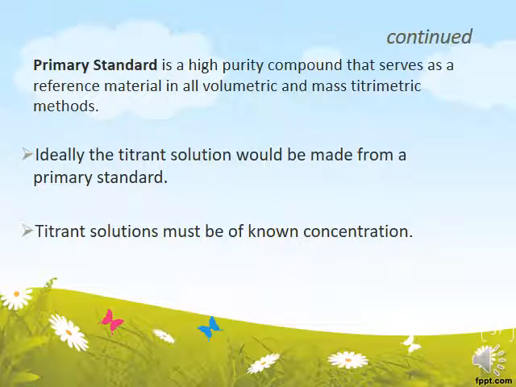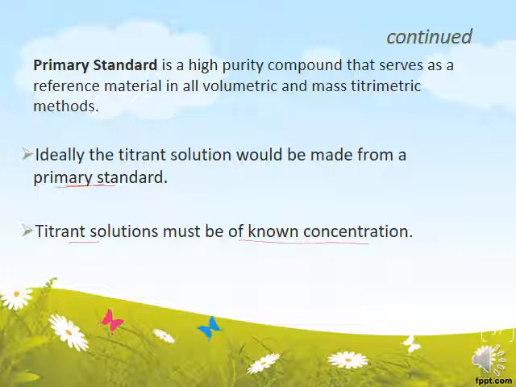So what is primary standard? Primary standard is a high purity compound that serves as a reference material in all volumetric and mass titrimetric methods. Ideally the titrant solution would be made from a primary standard, and that titrant solution must be of known concentration.